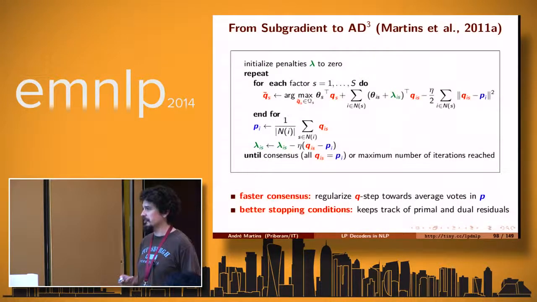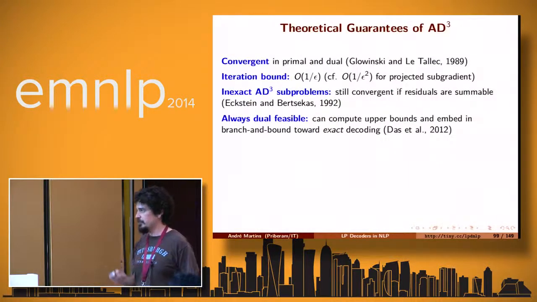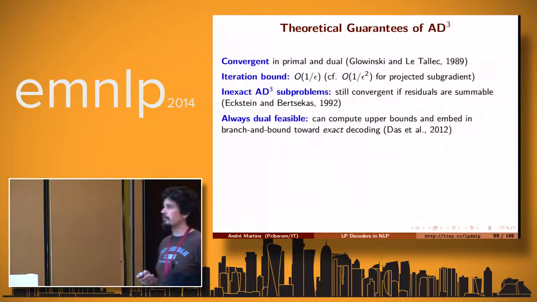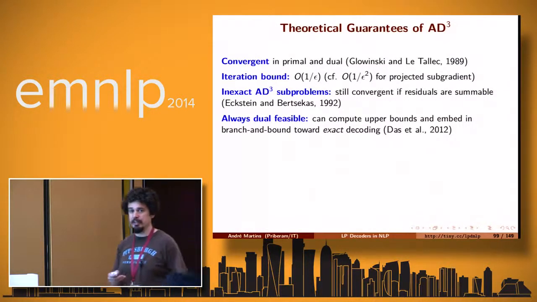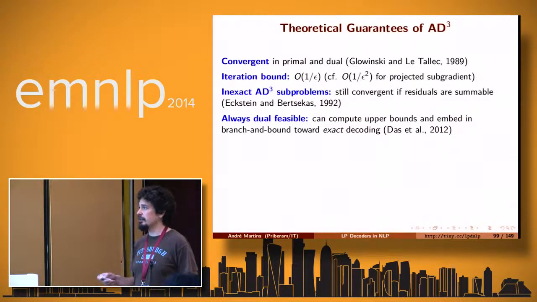So I'm skipping details here. But just to summarize the theoretical guarantees of this algorithm: first, it's convergent, then the iteration bound is also 1 over epsilon, as the accelerated gradient algorithm. So this is, again, one order of magnitude faster than the standard dual decomposition algorithm with subgradients. It also works if the quadratic subproblems are not solved exactly, but just approximated under some mild conditions.